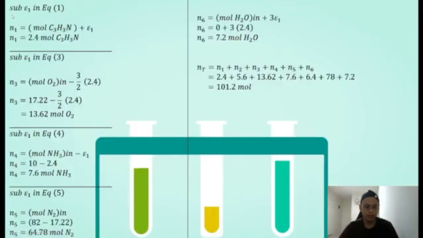Next, substitute extent 1 in equation 1. N1 is equal to mol C3H3N plus extent 1. So the answer N1 is equal to 2.4 mol C3H3N. Substitute extent 1 in equation 3. N3 is equal to mol O2 in minus 3 over 2 divide 2.4.